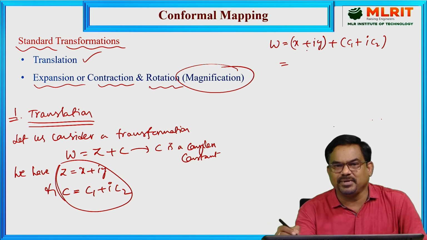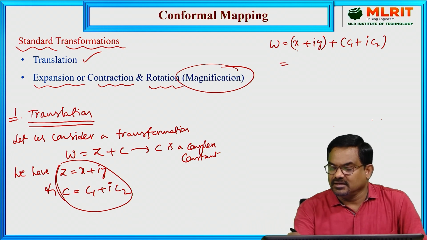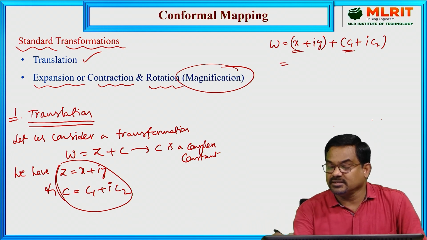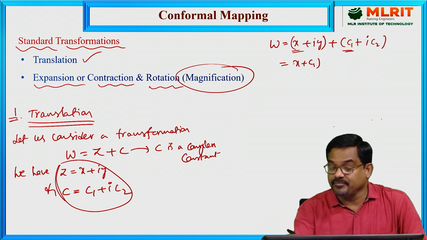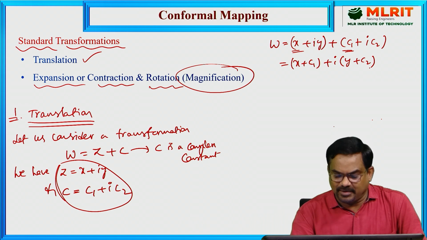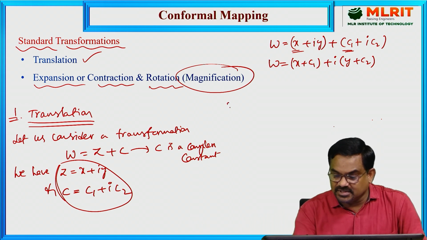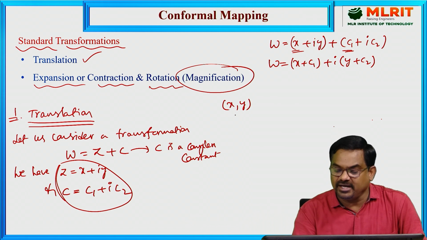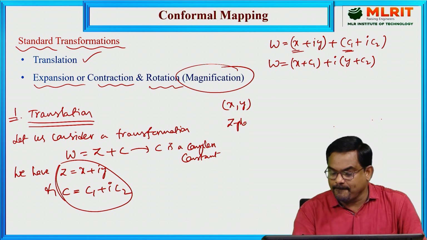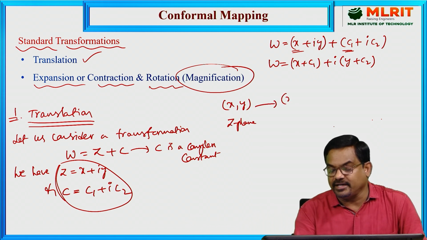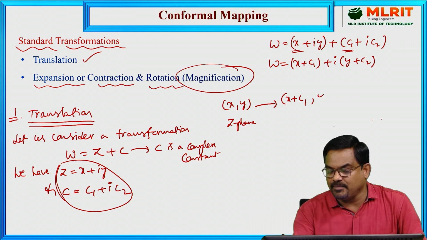Now by simplifying, let us write the real part X plus C1 first, plus i into the imaginary part Y plus C2. So that means this transformation transforms a point (x, y) in Z plane to a point (X plus C1, Y plus C2) in W plane.